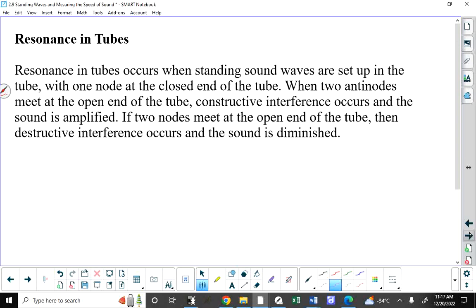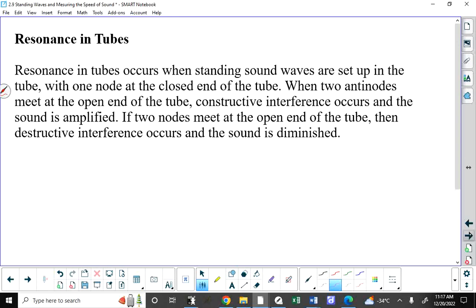And it vibrated the water in the tank in such a way that the waves were reflecting back and forth, and then they would stand. And it was literally that shape on the surface, and it was just sitting there, kind of drifting a bit, a little bit this way, a little bit that way. And I'll find that video to show you. But we're going to be talking about standing waves for sound.